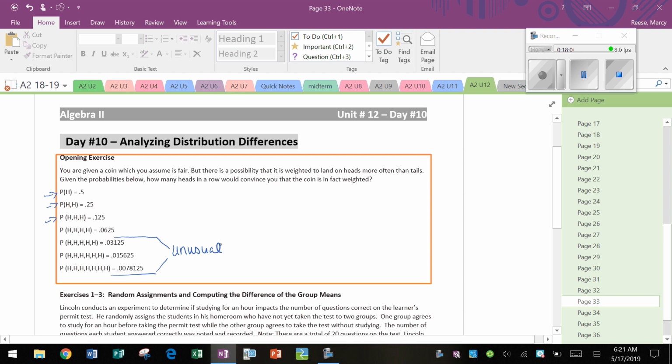The probability of getting 5 or more heads in a row is 3%, 1%, or 0%, right? That's unusual because this is less than a 5% chance. Now, the ones we did in our examples were just taking differences of two groups. This is actually just a probability of flipping a coin.